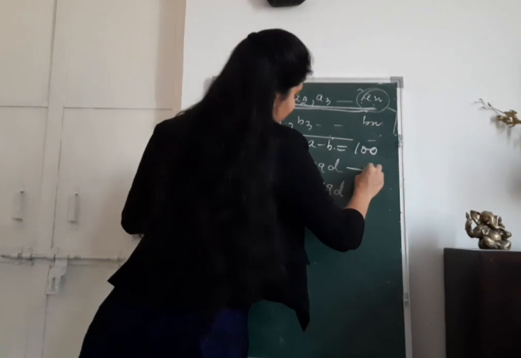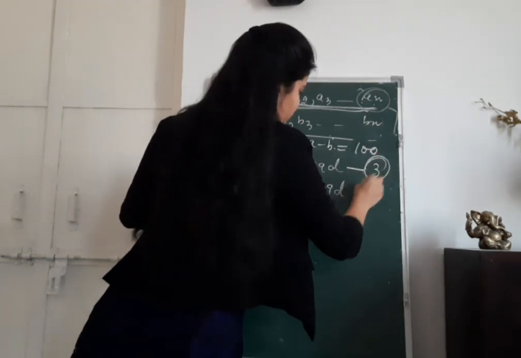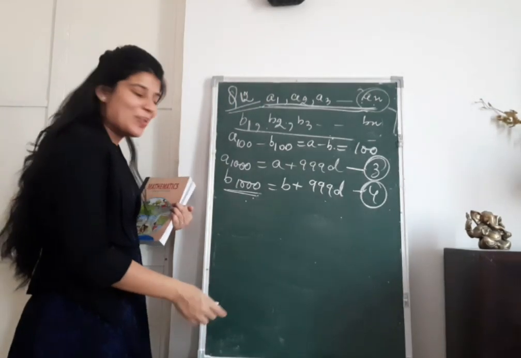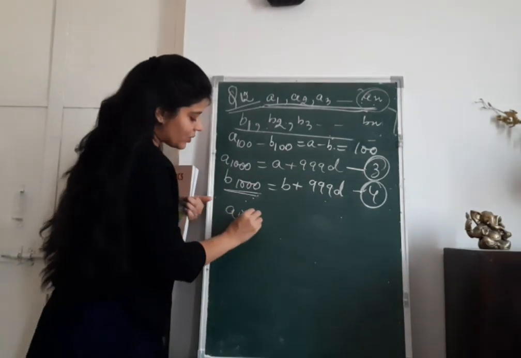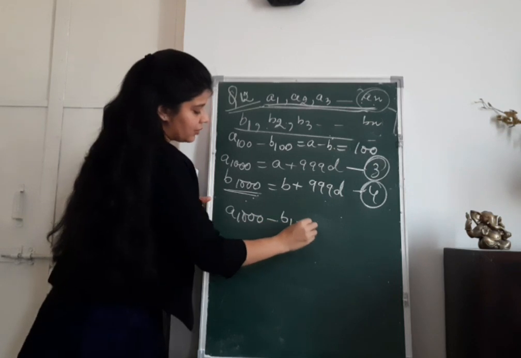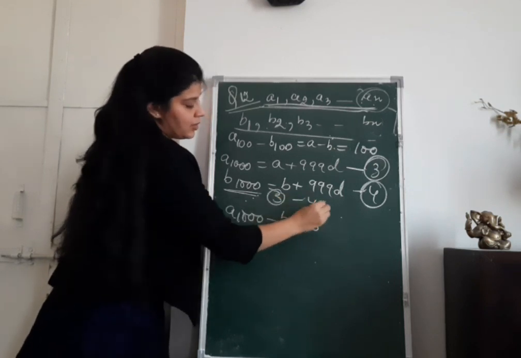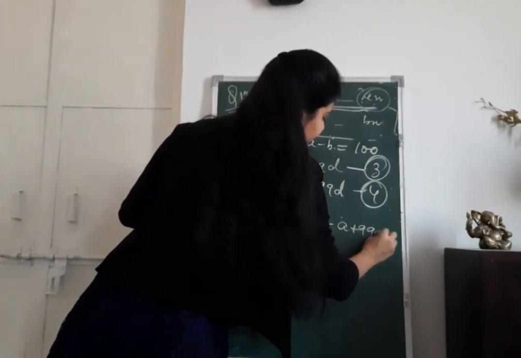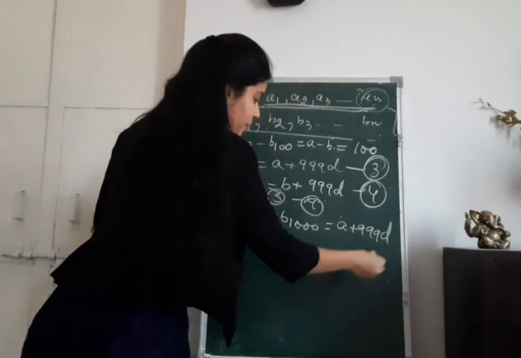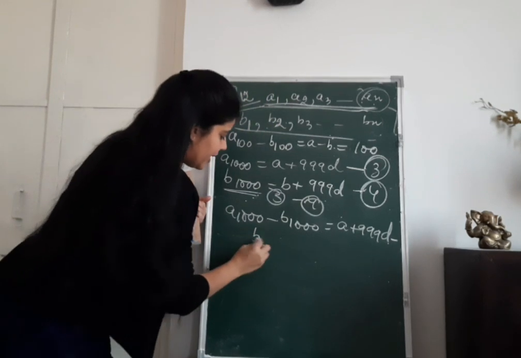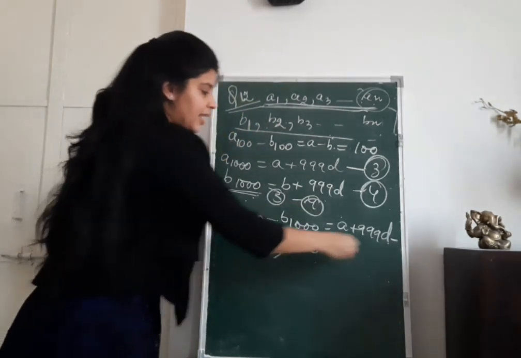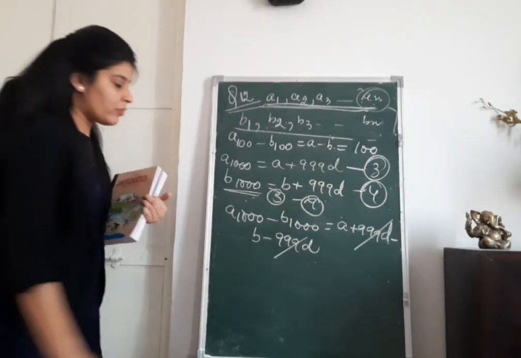Now let's subtract this. Because we have to find the difference between their 1000th term. So A1000 minus B1000, that is 3 minus 4, will be equal to what? a plus 999d minus b minus 999d. Right? This and this will get cancelled.